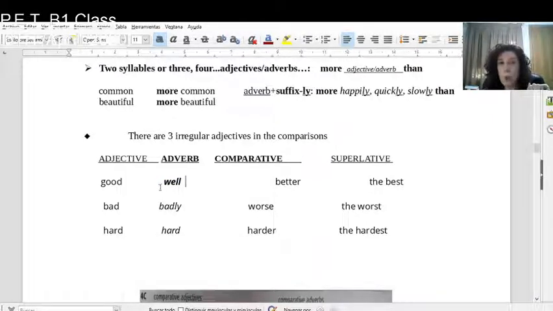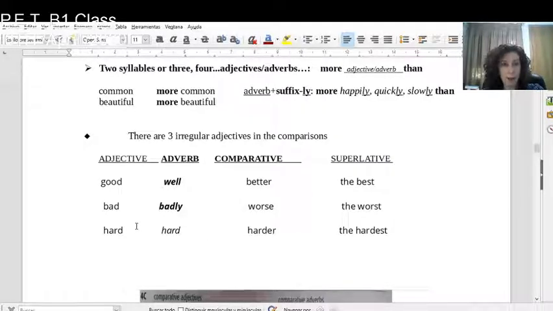How do you behave? Well. He is a good student, but he behaves well. The comparison from the adjective or the adverb is the same: better and the superlative the best. But the adverb of bad is badly, and the comparison is also the same: worse and the superlative the worst.